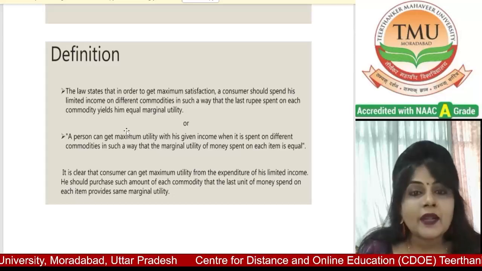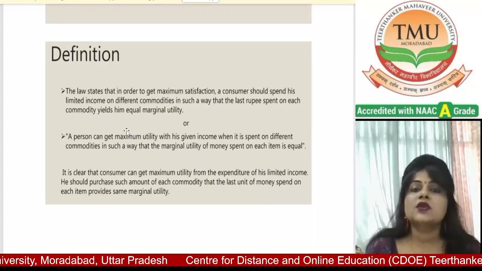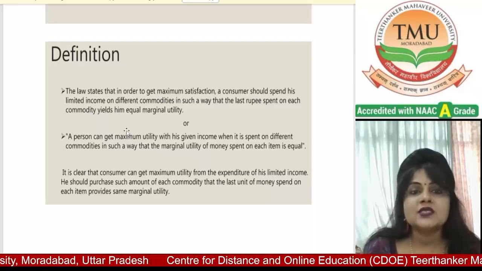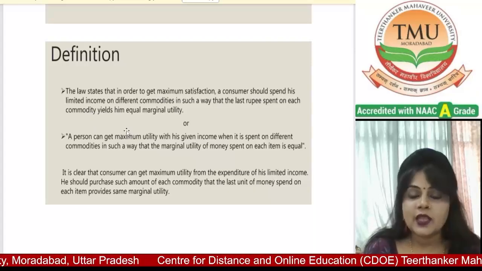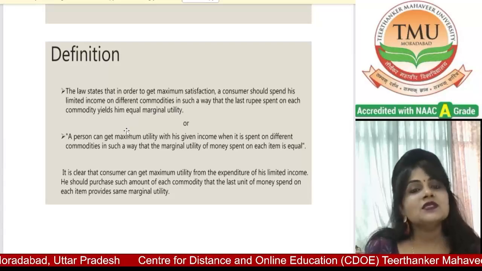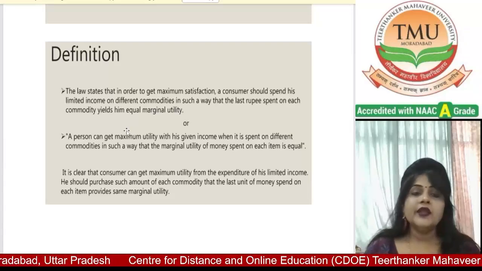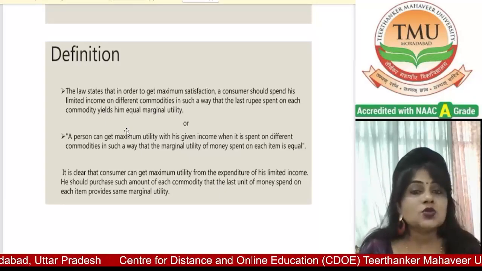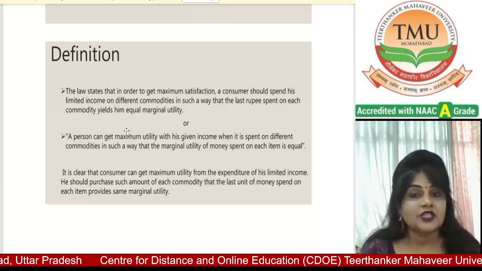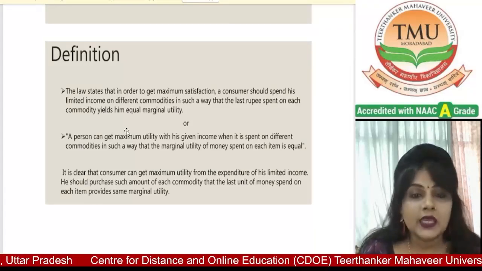A person gets maximum utility with his given income when it is spent on different commodities in such a way that the marginal utility of money spent on each item is equal. It is clear that the consumer can get maximum utility from the expenditure of his limited income.